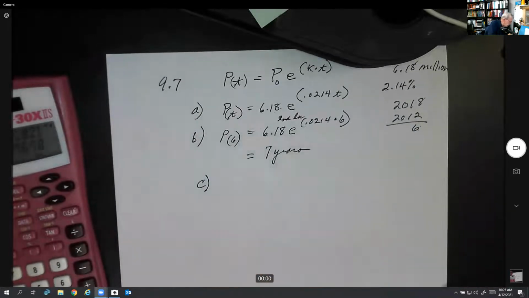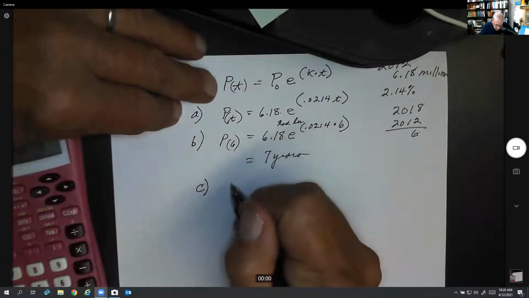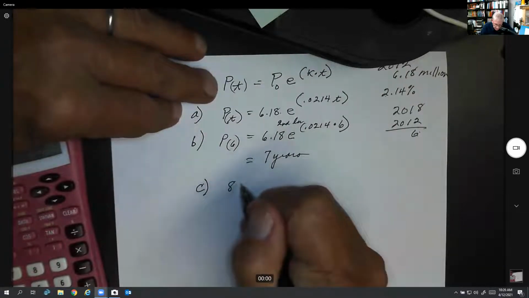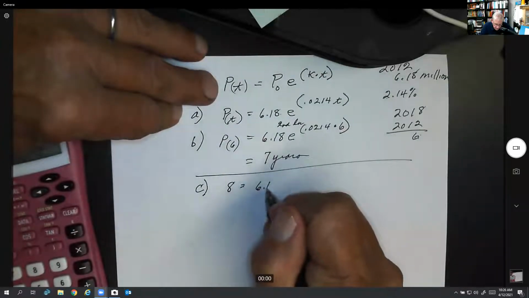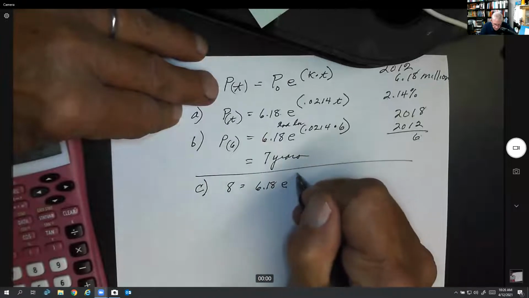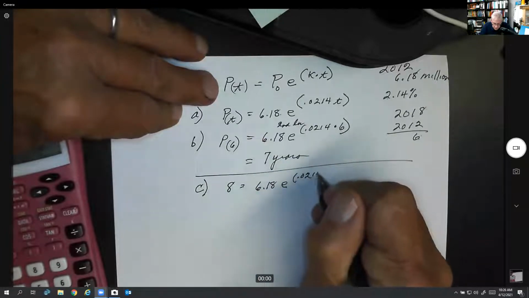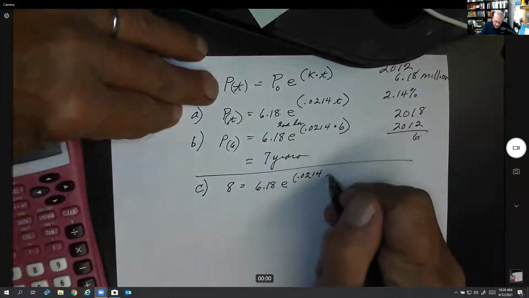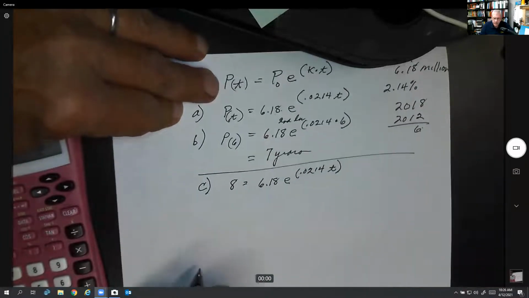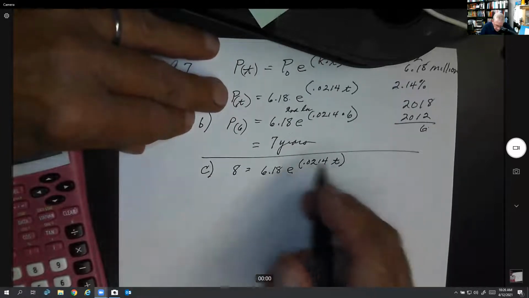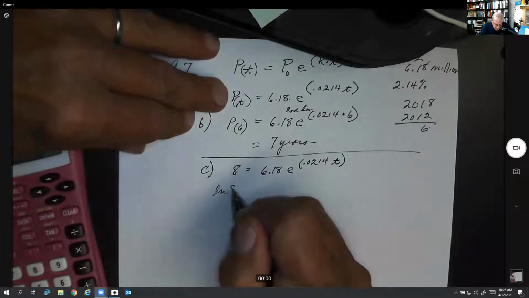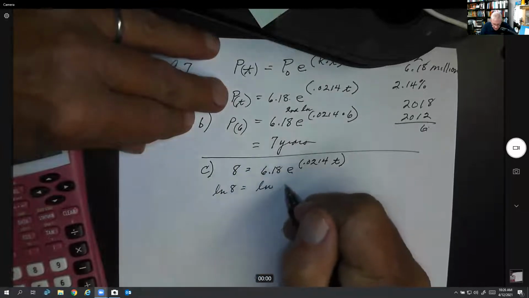C. When will the population reach 8 million? Okay, we want the population to be 8 million. I'm going to write our formula down. But now we're looking for time. So we're going to use some of our logarithms. ln 8 equals ln.